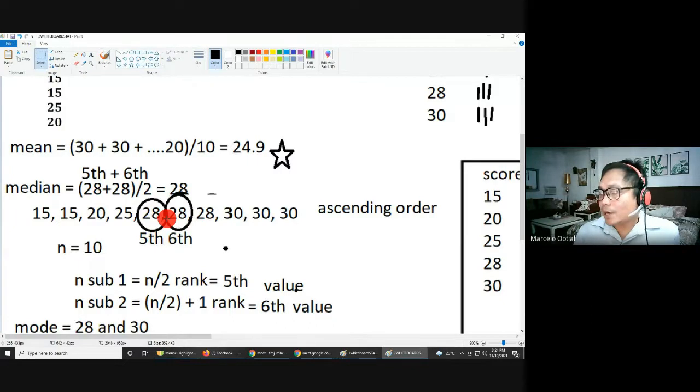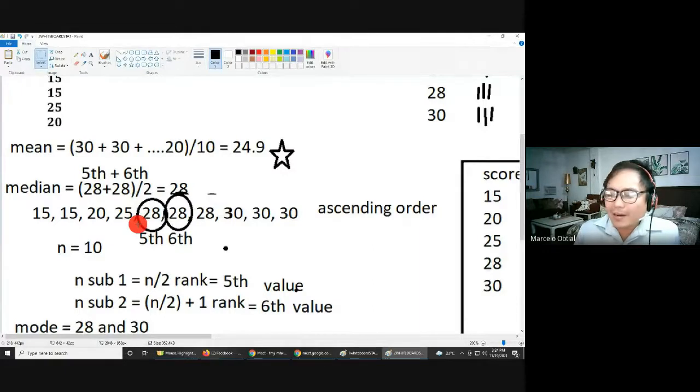Now, using the instruction I gave you under View 1, n is even, so you locate the first central value by dividing n by 2. So n is equal to 10, divided by 2 gives you 5. That means the first central value is at the 5th position. So let's count: 1, 2, 3, 4, 5.